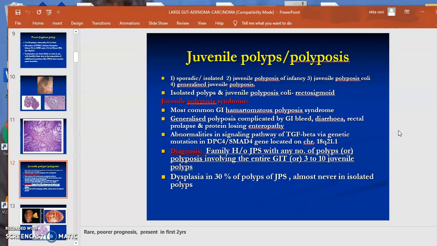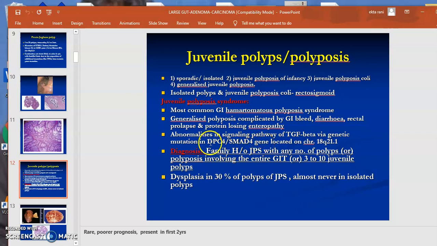Generalized polyposis is complicated by GI bleed, diarrhea, rectal prolapse, and protein losing enteropathy. There is abnormality in the signaling pathway of TGF-beta via genetic mutation in DPC4 SMAD4 gene.